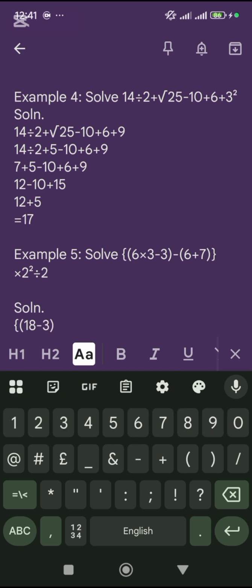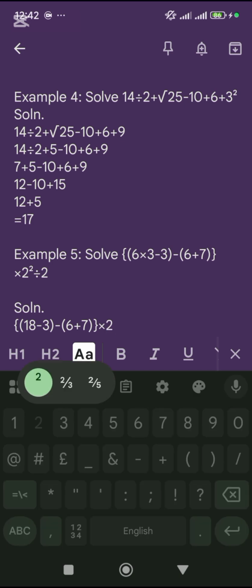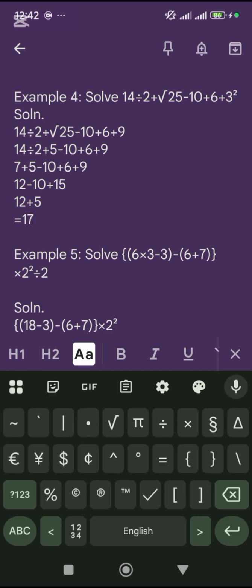You close that. Then you go to this, just write almost the same thing, plus 7. You close this. Then you write your multiplication, 2 raised to the power of 2, then divide by 2.